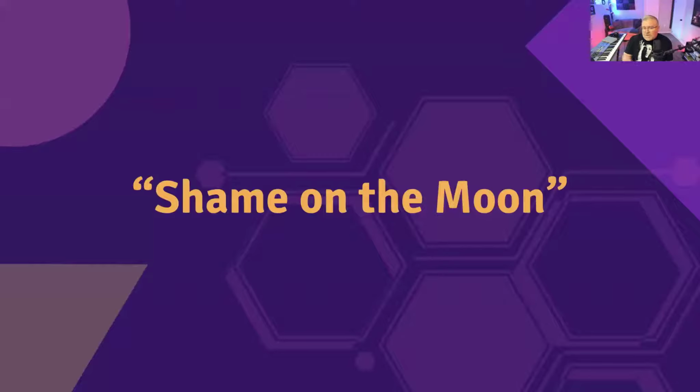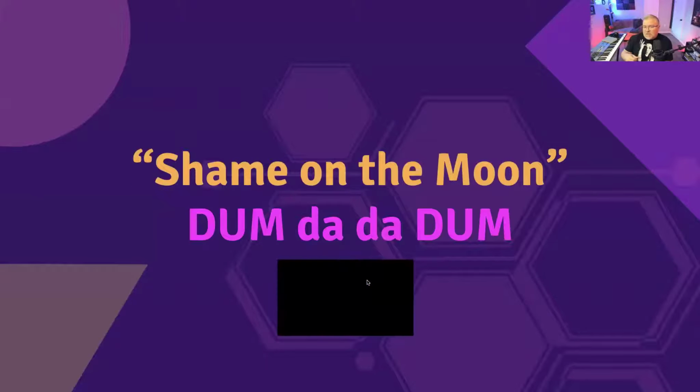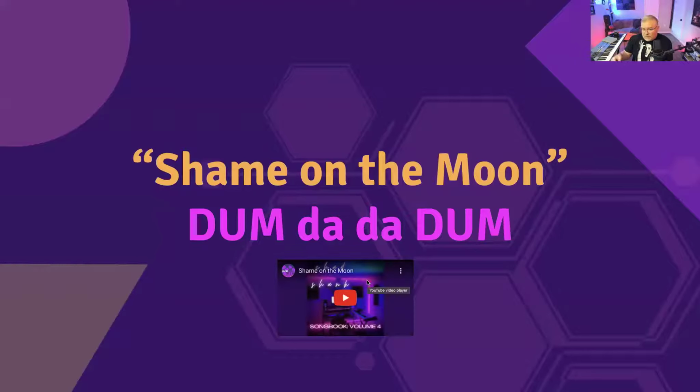So starting with the title, I first looked at, well, what is my rhythmic motif? If you say shame on the moon, that's dum da da dum. So it's strong, weak, weak, strong. So shame on the moon, right? So there's a rhythm there. Dum da da dum.